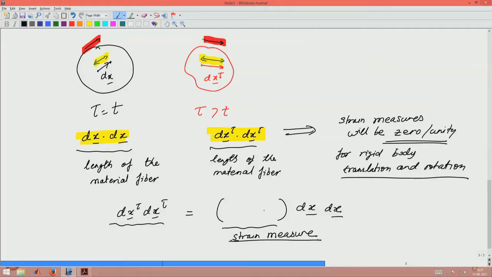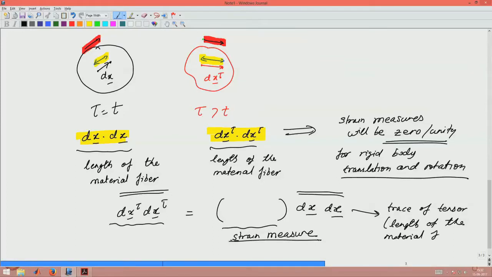So, we need a tensor quantity which can map these two orientation tensors, and these two orientation tensors incorporate not only information about orientation, but also the magnitude of the fiber itself as the diagonal term, because the trace of this tensor is the length of the material fiber, and the different components of this will tell us what the orientation is.